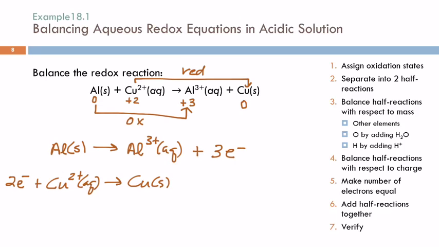So I need to find the least common multiple for 2 and 3, which is 6. So I'm going to multiply this one by 3, and I'm going to multiply this whole equation by 6. I'm sorry, 2. So I'm going to just put it in here now. So that would be 3 here and 3 here. Yes, 2, sorry.